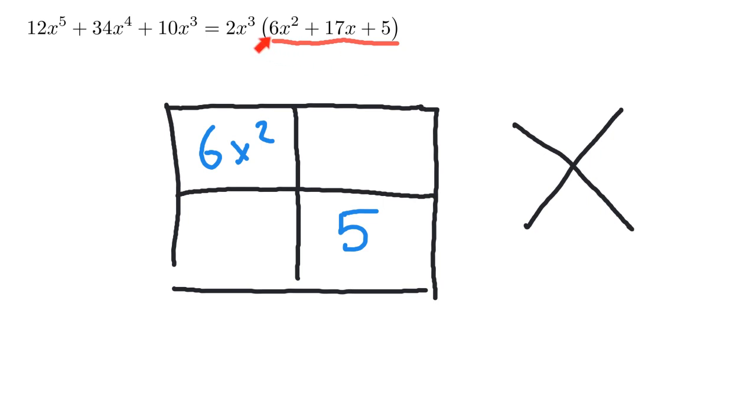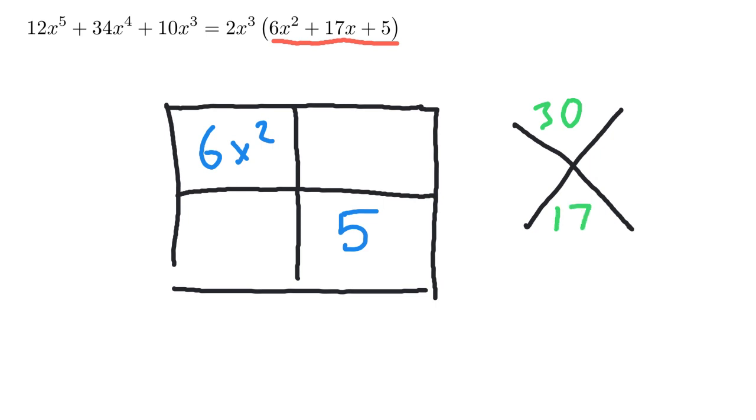So 6 times 5 is 30. That's what I'm going to put on the top of this diamond. So first times last, coefficients go on the top. Then in the bottom, I'm going to put the coefficient of the middle term, which is 17. So 17 goes on the bottom.